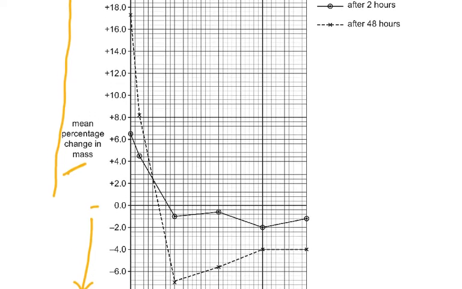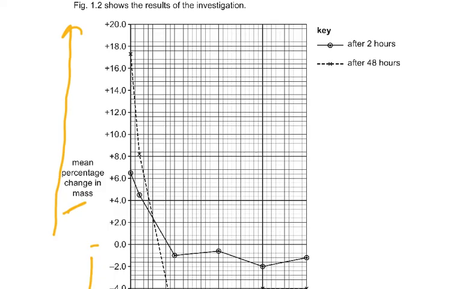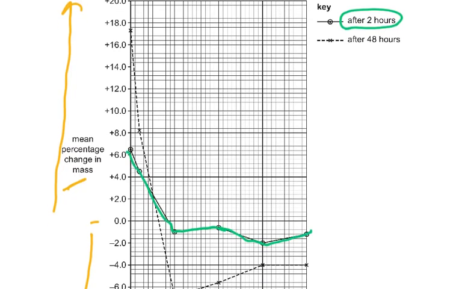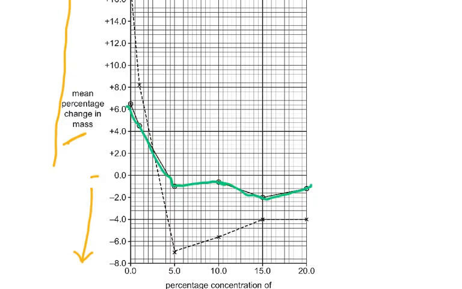as well. Now it says results of the investigation after 2 hours. You can see the results is the solid line. So it is this line, decrease, then sort of remains less, less, less. Sharp decrease from the 0 water to the 5% concentration of sodium chloride.